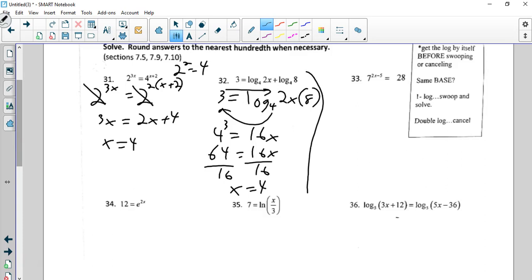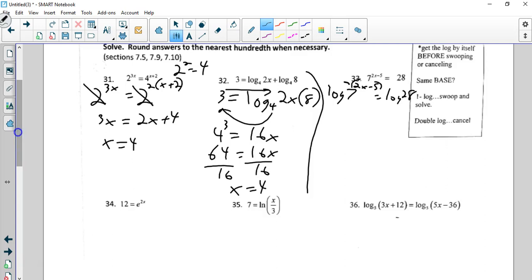33. I don't have any logs, but there's no way to rewrite 7 to become 28 with an exponent. So I need to log both sides. So first step is log 7, 2x minus 5 equals log 28.